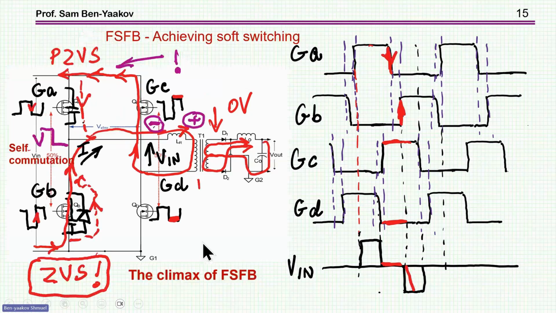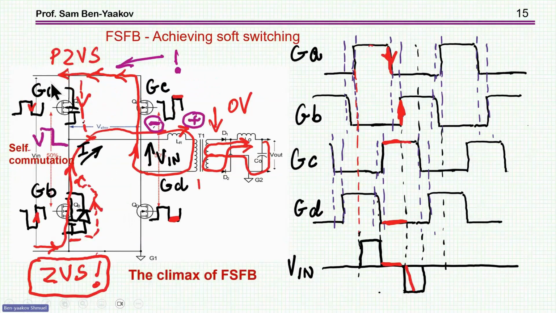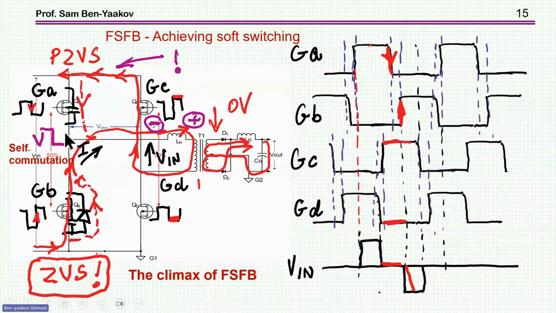So once we are ready to go again to the powering stage after this T off, in fact, we now turn off this one, okay? Again, this one has the current, and as we turn it off, this current is charging again the capacitors, and it's going this direction, because this is how it was to begin with.